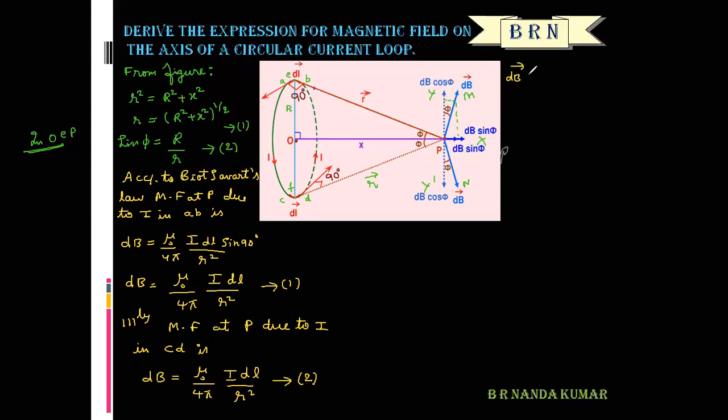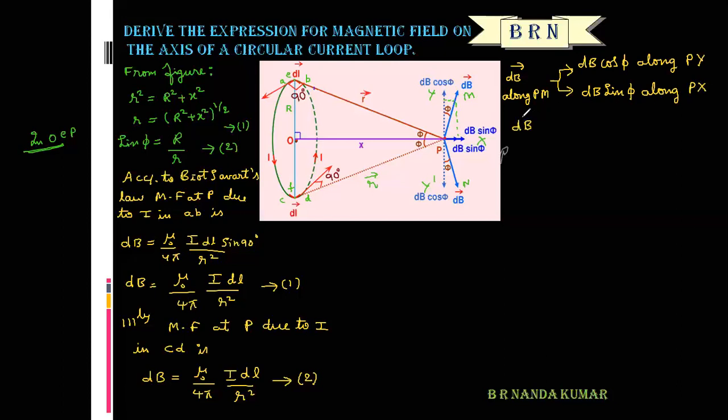Now the dB vector along PM splits into two rectangular components. One is dB cos phi, along the Py direction, and another one is dB sin phi, along the Px direction.